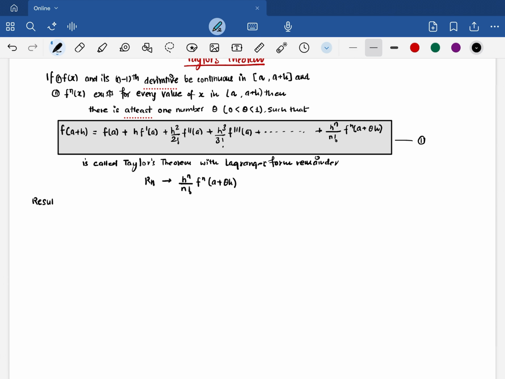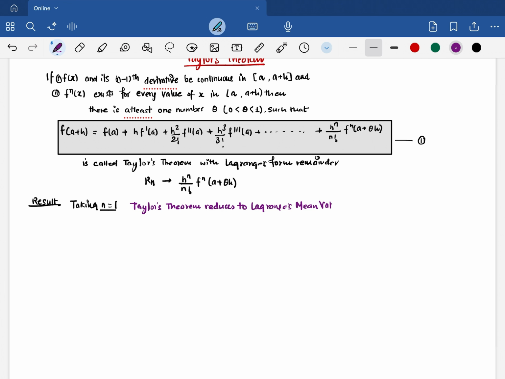Now there are two results derived from the Taylor's theorem. Let us say, taking n is equal to 1. n equal to 1 means we are only interested in the first derivative. So if we take n is equal to 1, then Taylor's theorem reduces to Lagrange's mean value theorem.